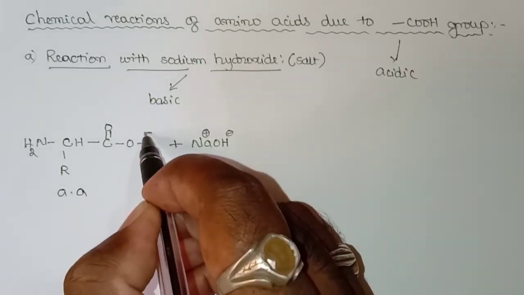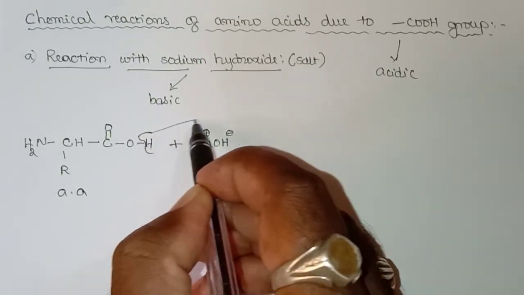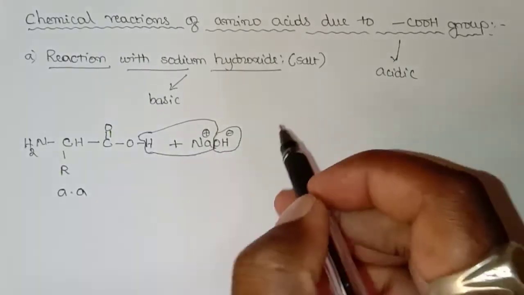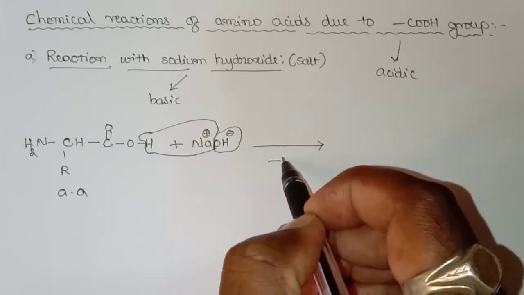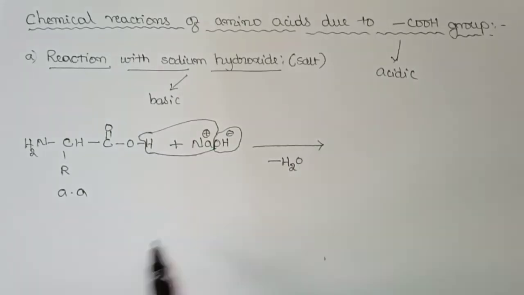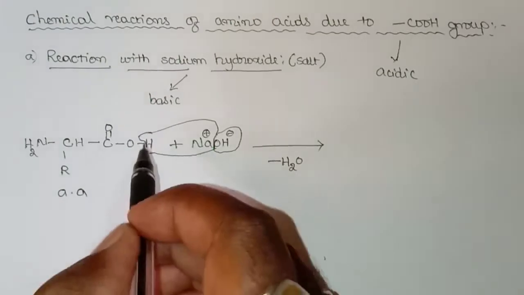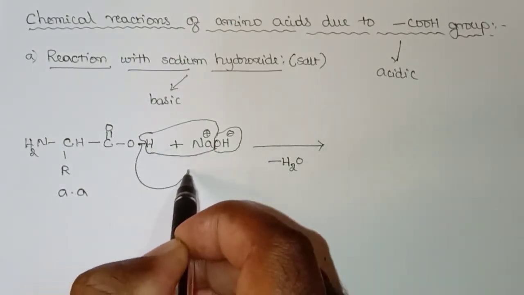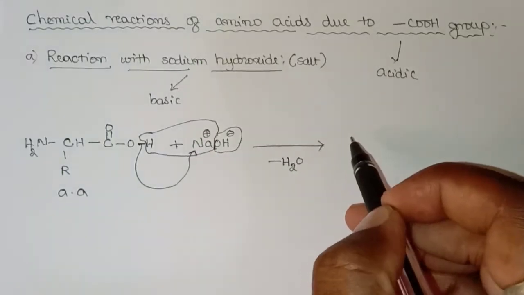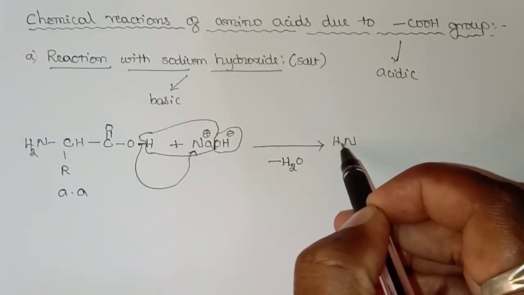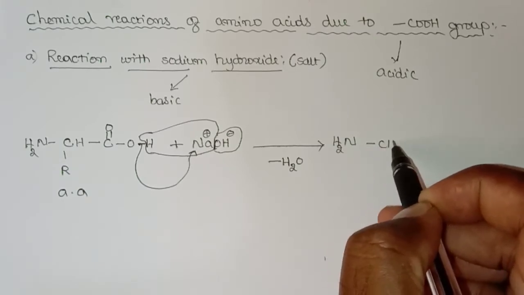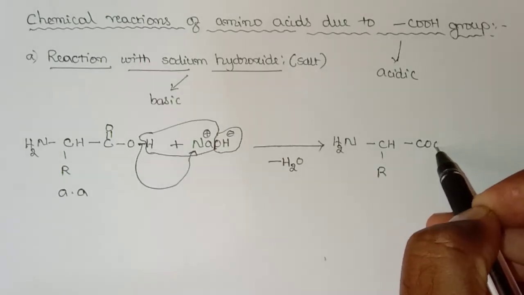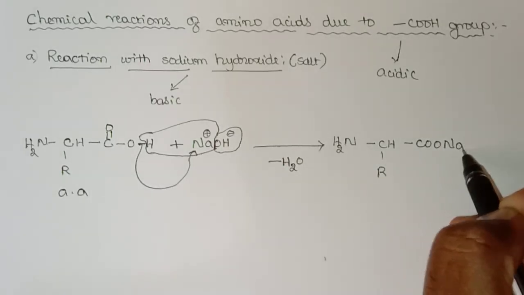This OH minus will pick up this hydrogen, which results in the elimination of an H2O molecule, so that the bond pair of electrons between oxygen and hydrogen will be donated to this sodium, resulting in the formation of the sodium salt of the corresponding amino acid. And we know that R is the side chain, so COONa will be the product.